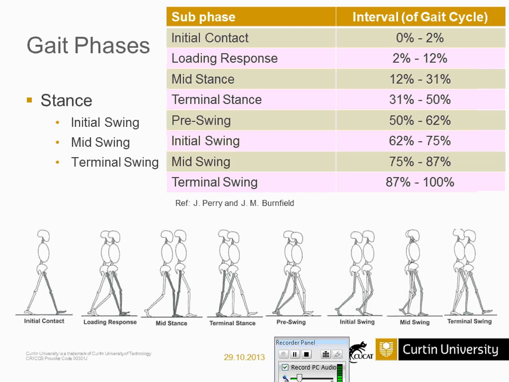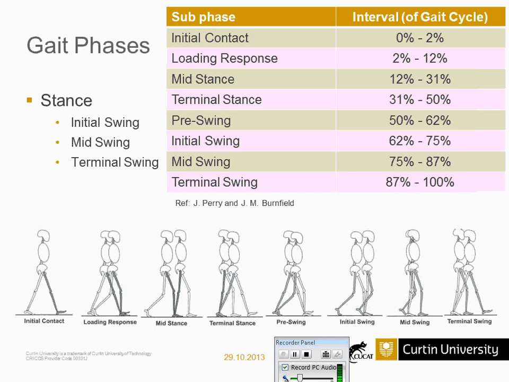Now, as you can see in this diagram, the list is here, but I'll explain using this one. The initial contact is where the reference leg touches the ground for the first time. The heel touches the ground for the first time. That is the initial contact point. Then during loading response, during the swing, of course, the reference leg is moving above the ground.